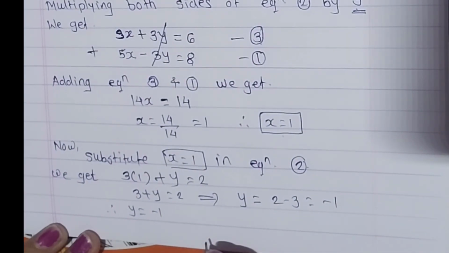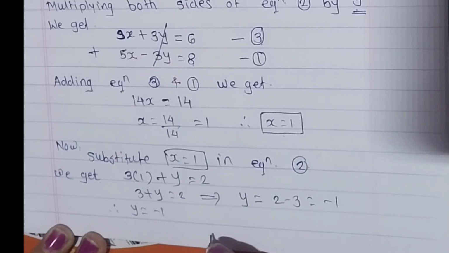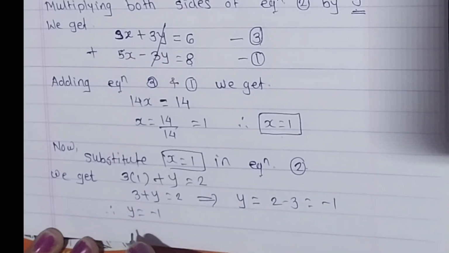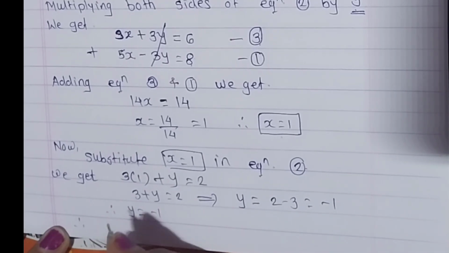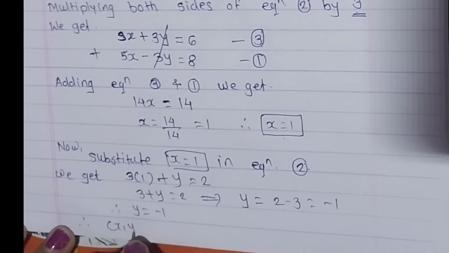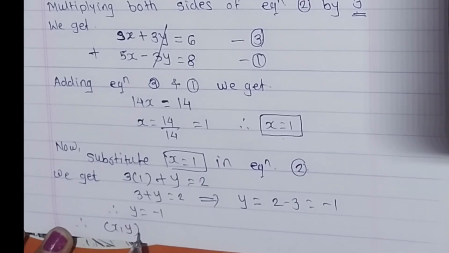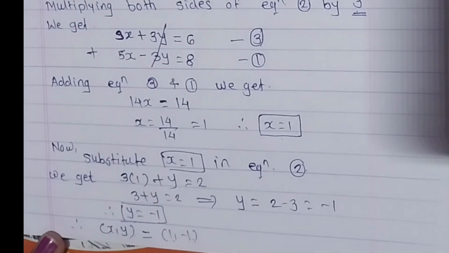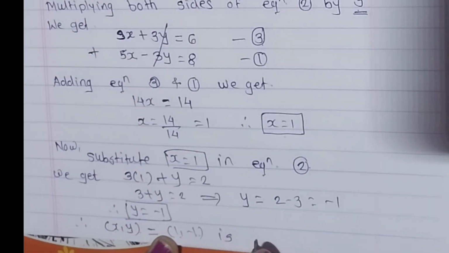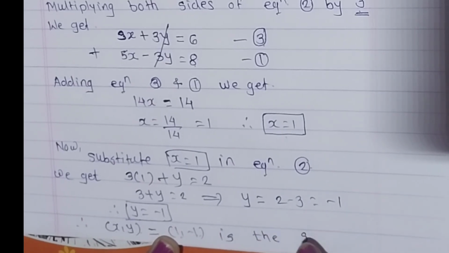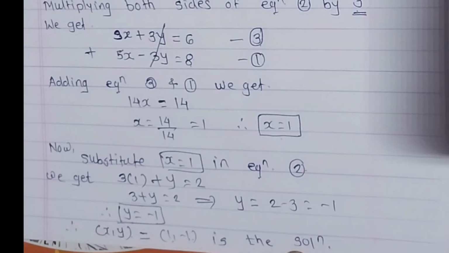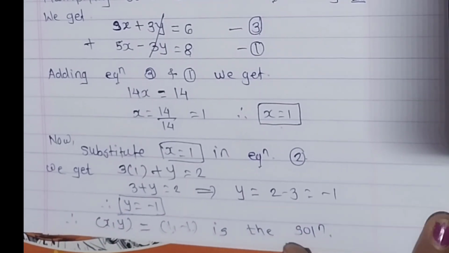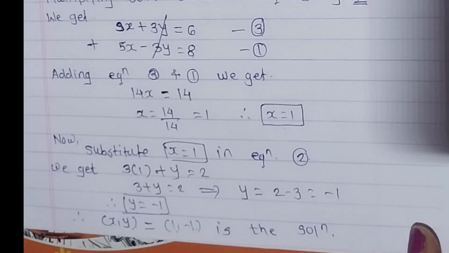It gives y is equal to 2 minus 3, which is minus 1. So y equal to minus 1. It means we get the value of y also. So in ordered pair (x, y), the value of x is 1 and the value of y is minus 1. So the ordered pair (1, minus 1) is the solution.